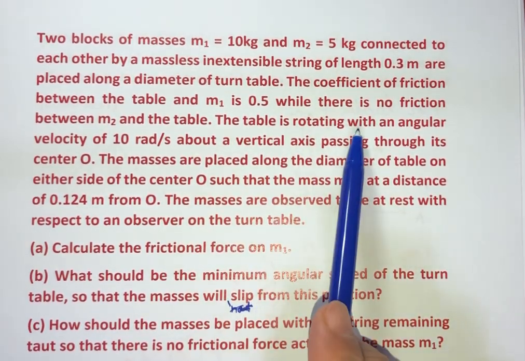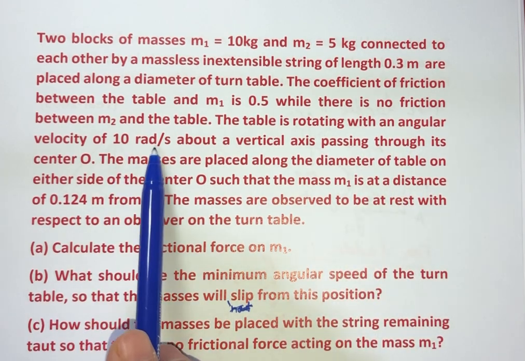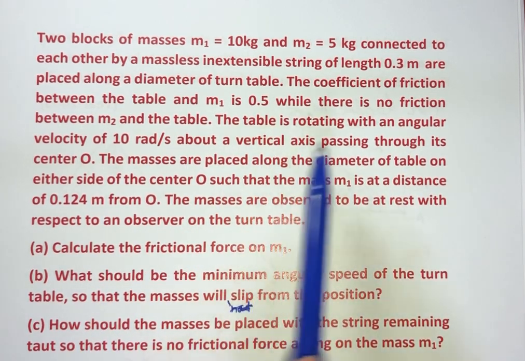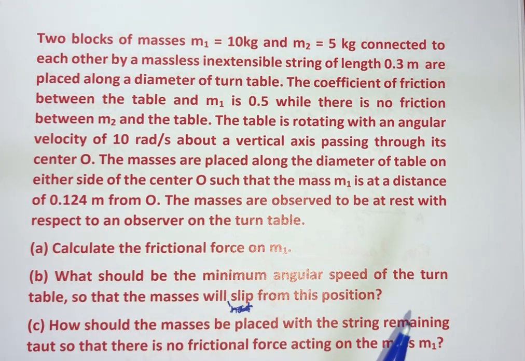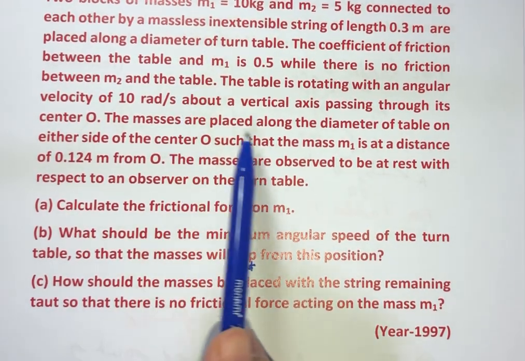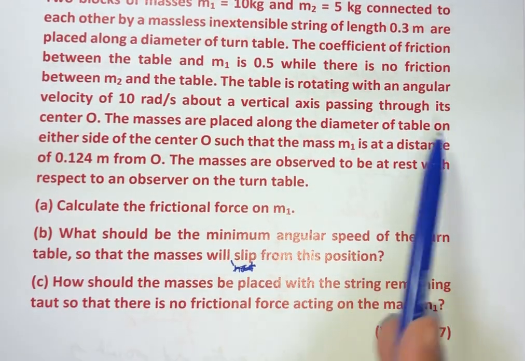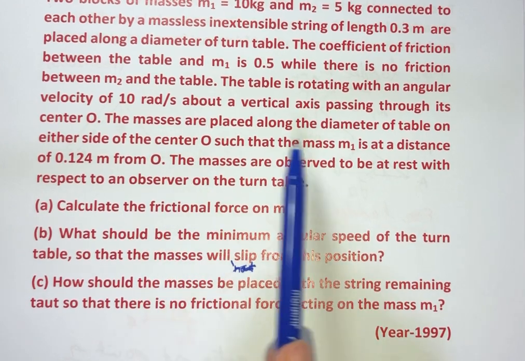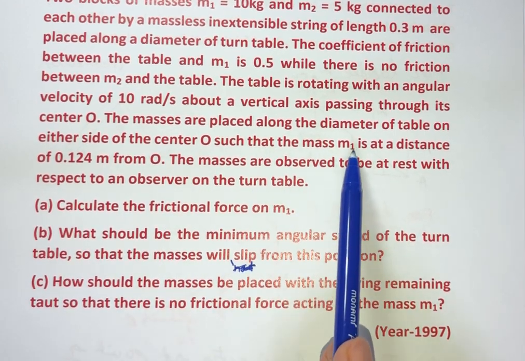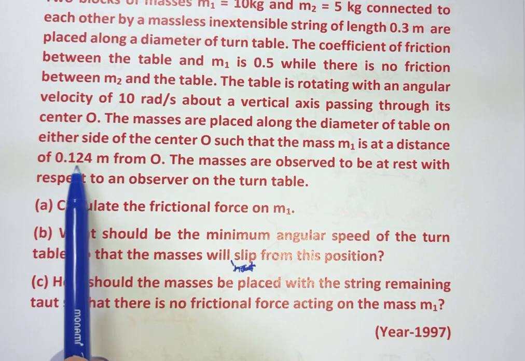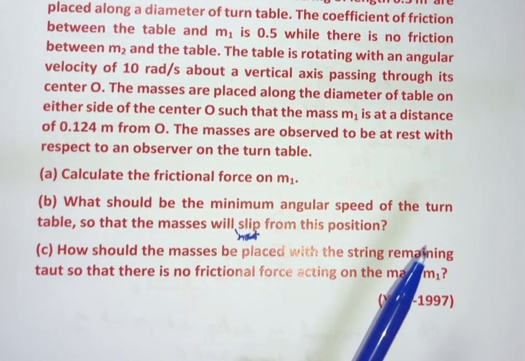The table is rotating with an angular velocity of 10 radian per second about a vertical axis passing through its center. The masses are placed along the diameter of the table on either side of center O such that mass m1 is at a distance of 0.124 meter from O.